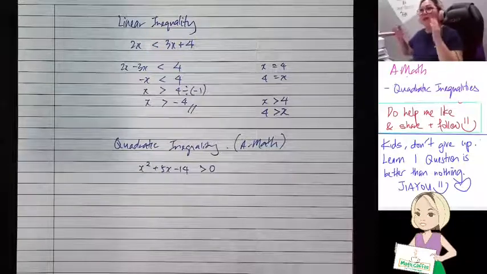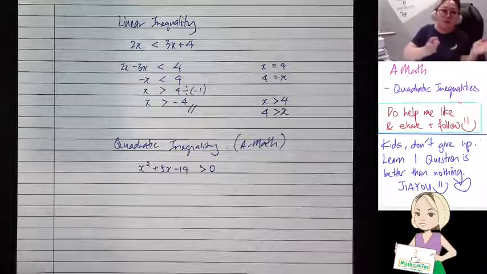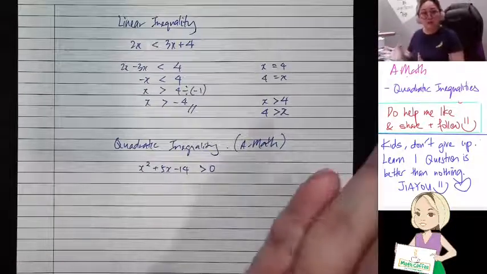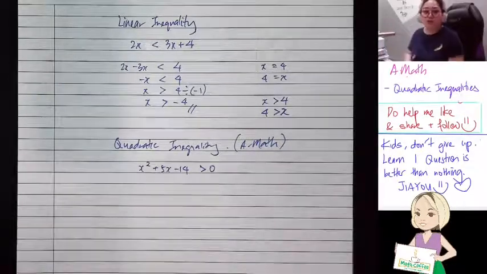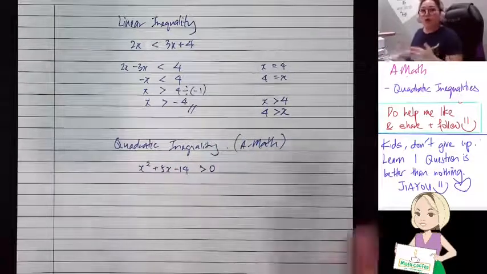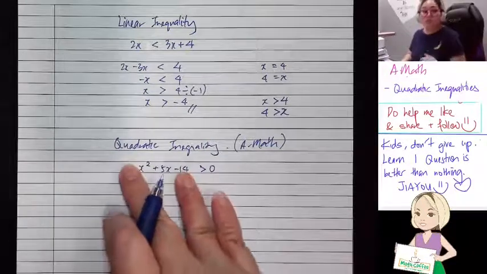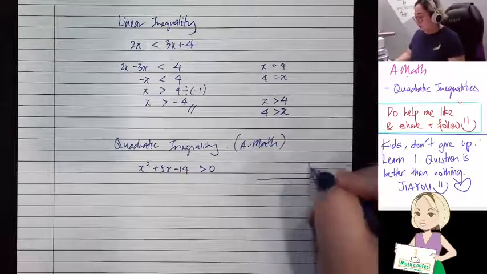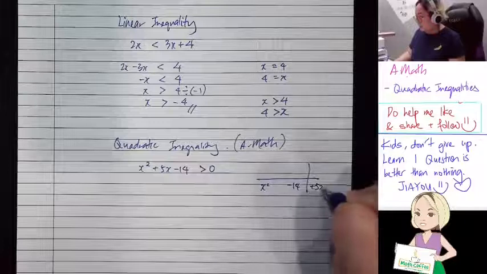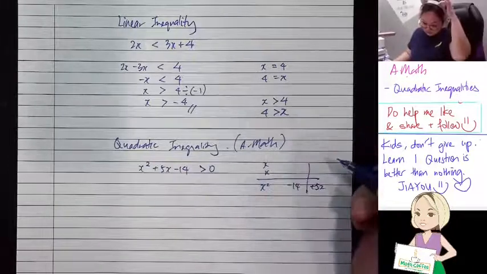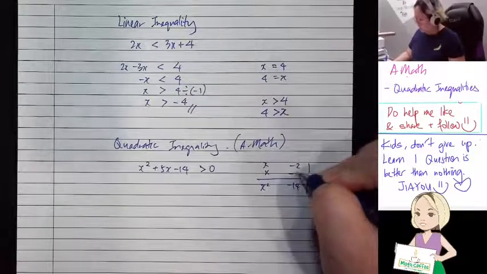Similar to a quadratic equation, when you are solving it, you throw everything to the left hand side and the right hand side is 0. The same applies for quadratic inequality. For this case, everything is already on the left. So all I need to do is factorize the left hand side, using the cross method. You will have x squared minus 14 plus 5x: x and x, then minus 2 and positive 7.